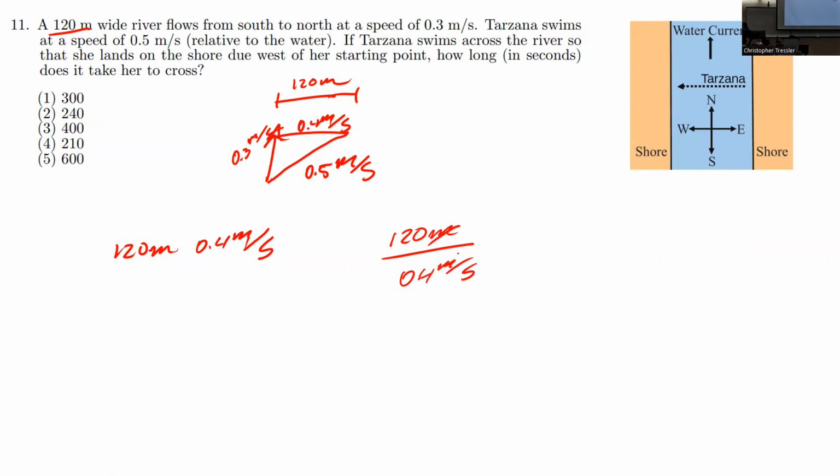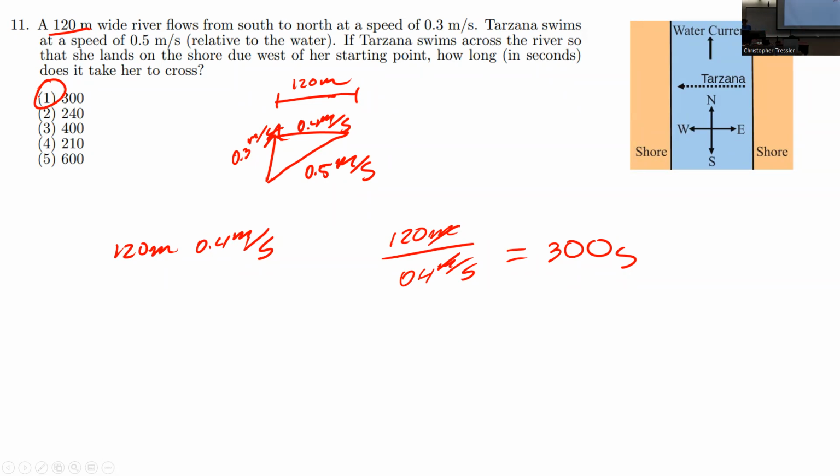The meters cancel, and the second in the denominator goes up. We do 120 divided by 0.4 and get 300 seconds. That is our answer for this question. Do you guys see what I did there with the units? That's what you have to do for a lot of problems. You have to look at the units and kind of figure it out. Hopefully that makes sense.